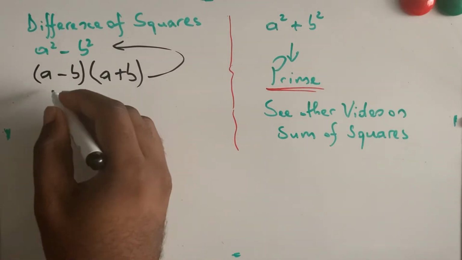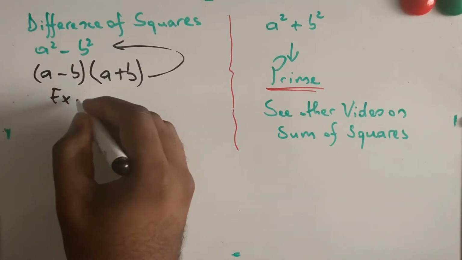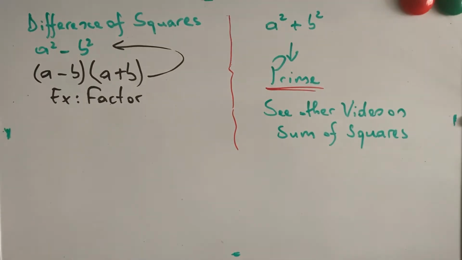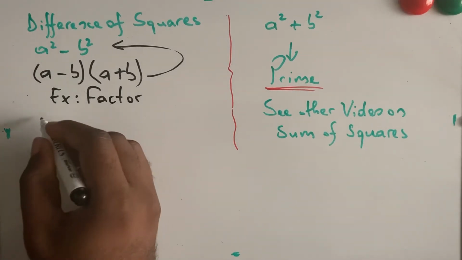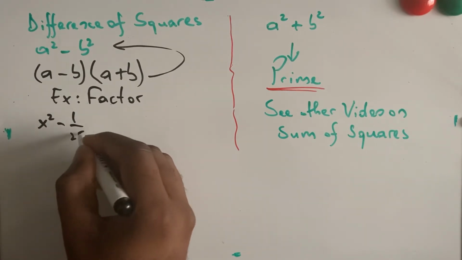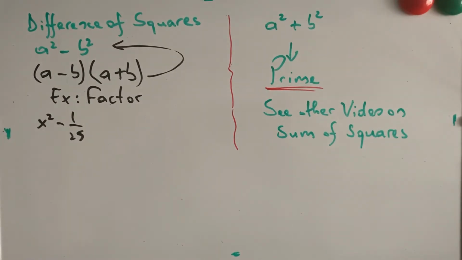So let's say example. It says factor x squared minus 1 over 25. So first thing to do here, guys, is to check to see whether you have perfect squares, right?